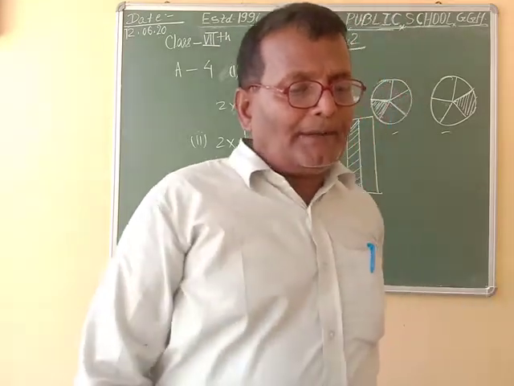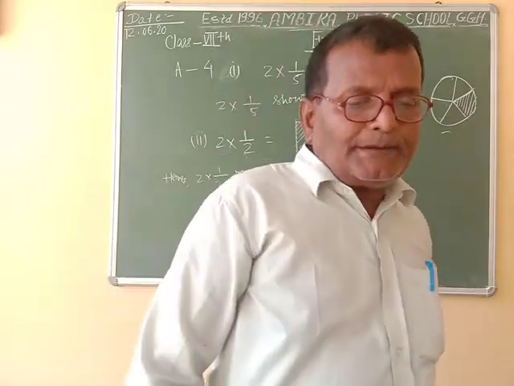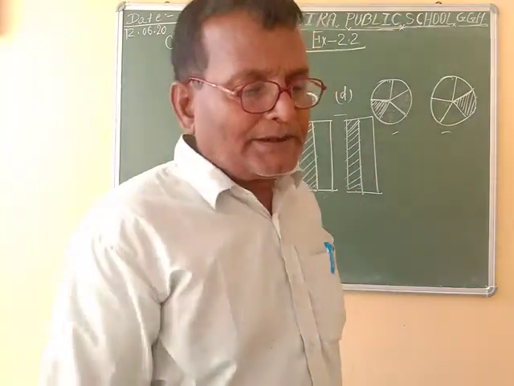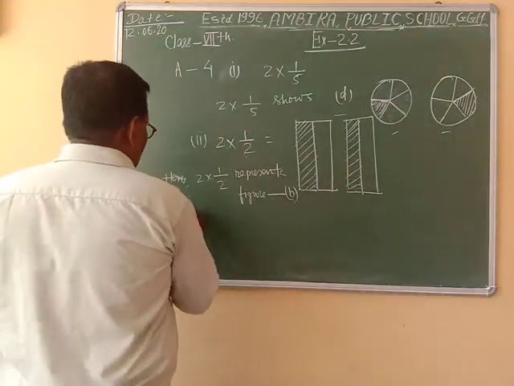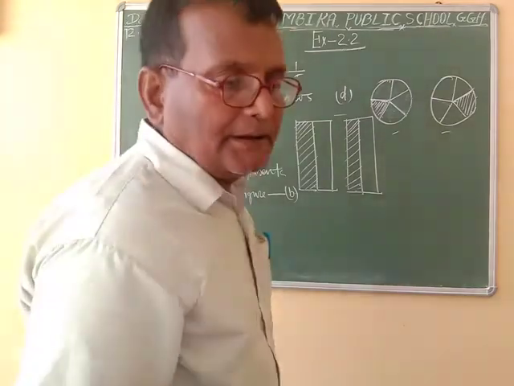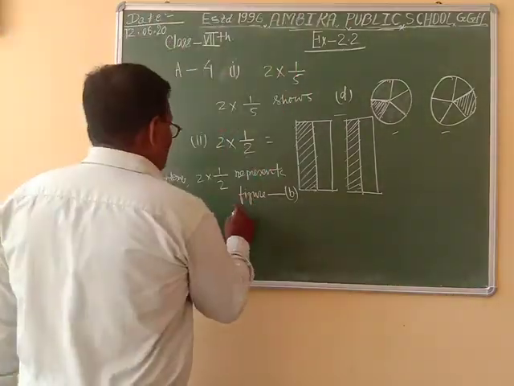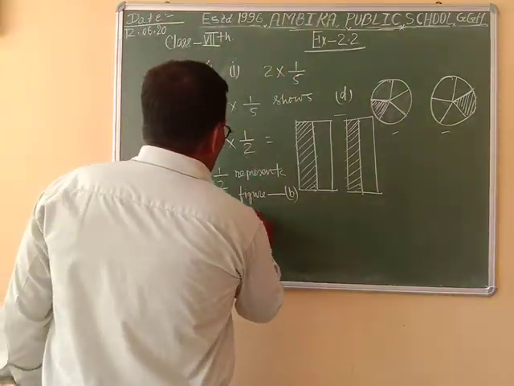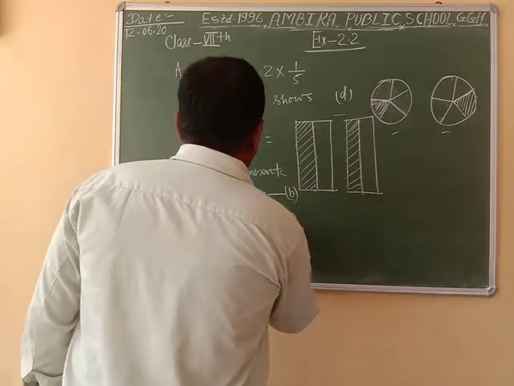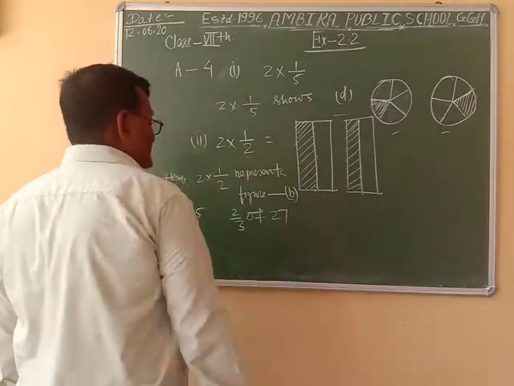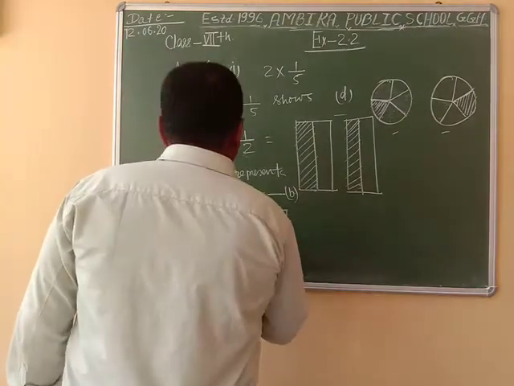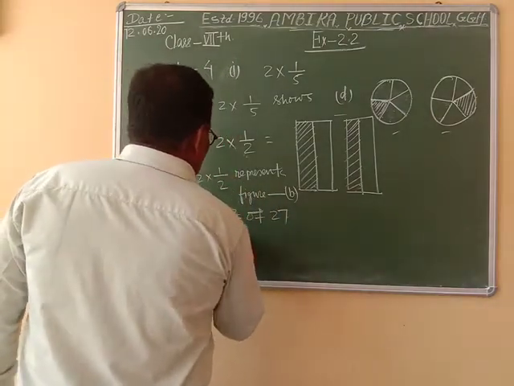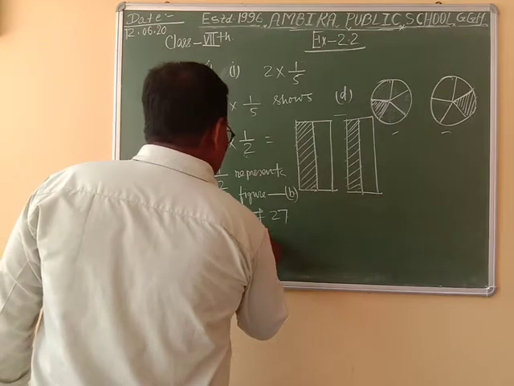In question number 5, we have to find the value of 2/3 of 27. You have already learned "of" means multiplication, so it is equal to 2/3 into 27.